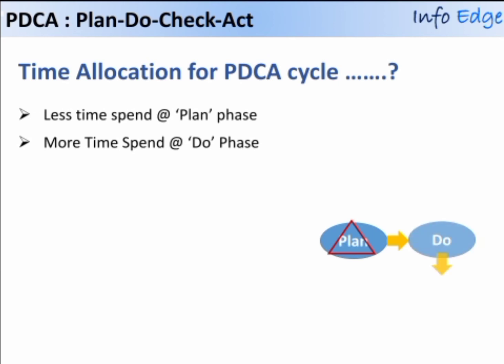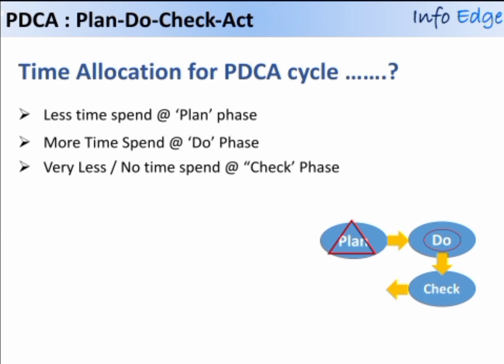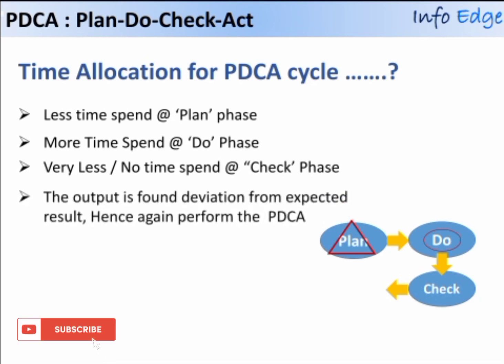This is the phase where we need more time. And very little or no time for the check result. While doing the data allocation and finding the solution itself, we monitor based on the results and the targets. So in the check phase we should spend very little time, or there is no time needed to spend.